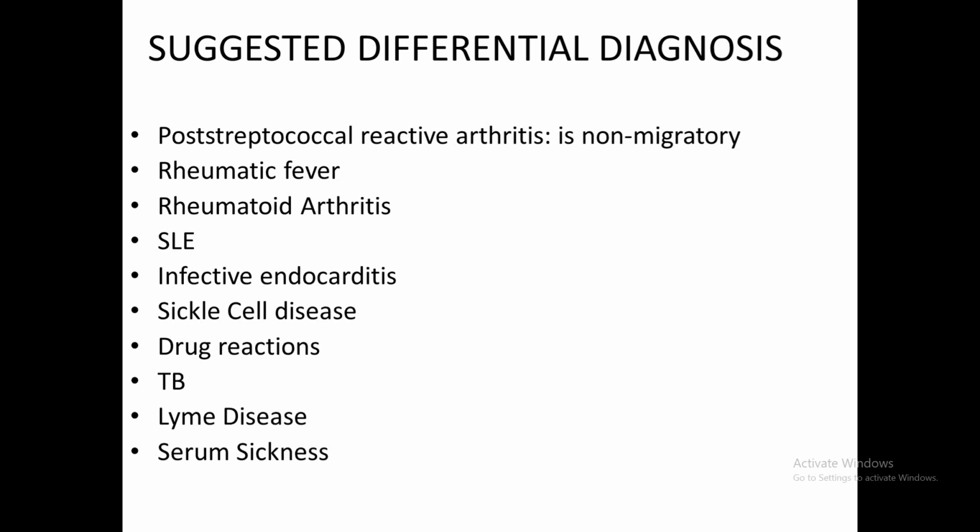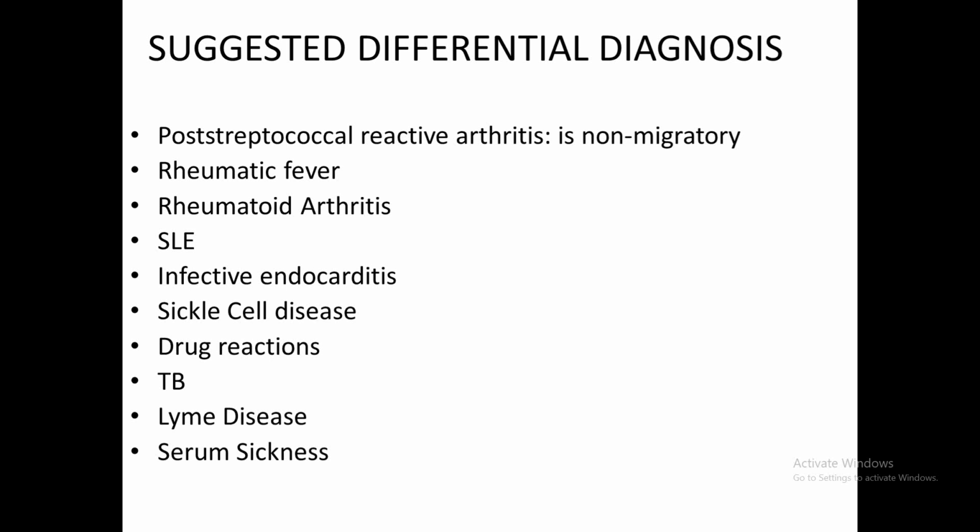Drug reactions can cause this type of scenario. Tuberculosis, Lyme disease, you know about it, it's a parochial disease. Borrelia burgdorferi, Lyme disease. Lyme disease is seen in some part of Pakistan which is near to China. And serum sickness. This is a suggested differential diagnosis.